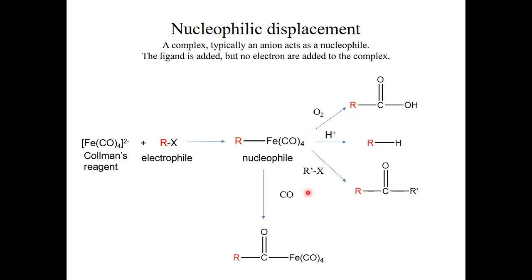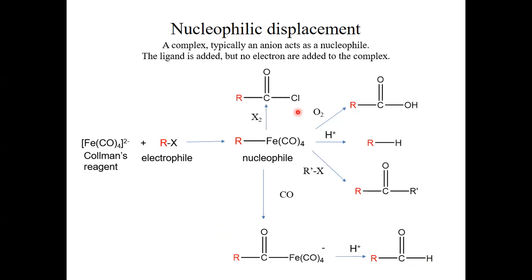So last but not least, we can also insert carbon monoxide to give this compound over there. And that compound then can be reacted with H+ to give, for instance, an aldehyde.